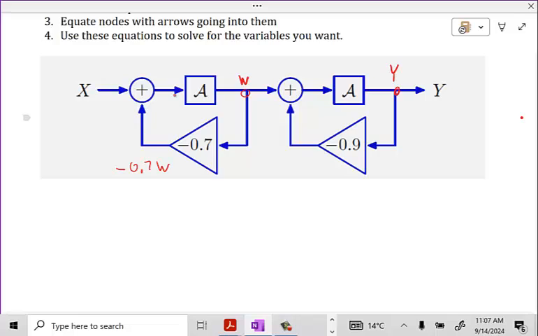Now having this arrow, I can now label this arrow here, right? Because I know the two immediate inputs. Okay. So that arrow there is going to be, well, the first immediate input was X, and the second immediate input was minus 0.7 W. So that's X minus 0.7 W.